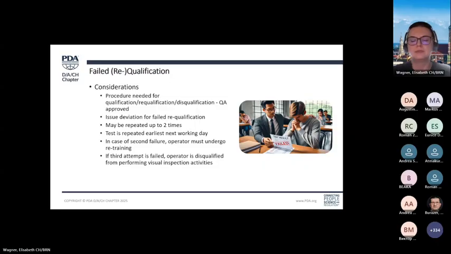And this could be repeated up to 2 times. But if the operator fails again, a retraining is necessary, and the last and final third attempt, if this is failed again, the operator is definitely disqualified from visual inspection activities.